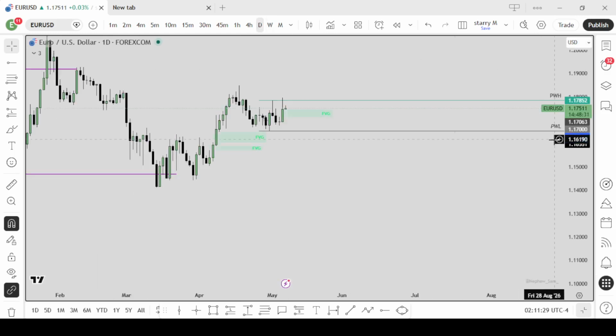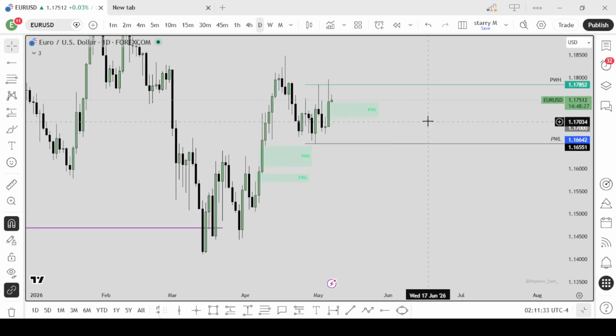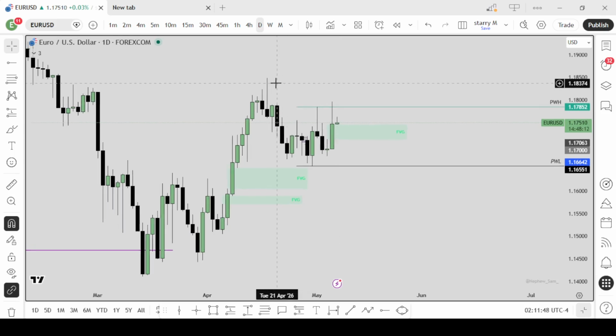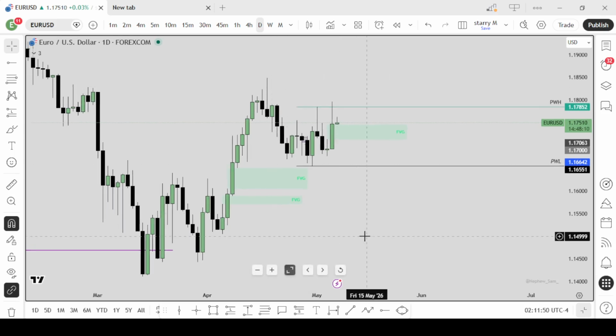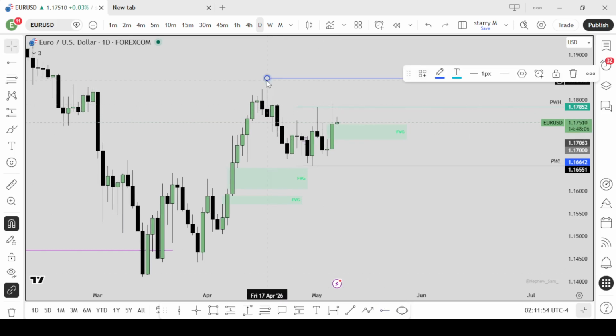And for the daily, this was our indication, this is our correction, and we are currently resuming the trend, probably to this. We can write this as a target.